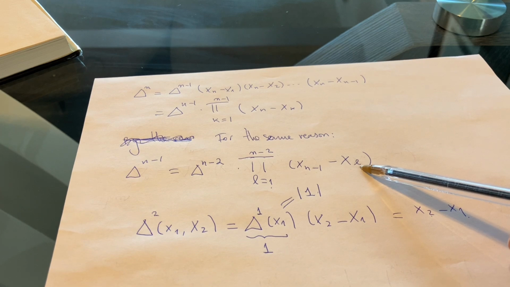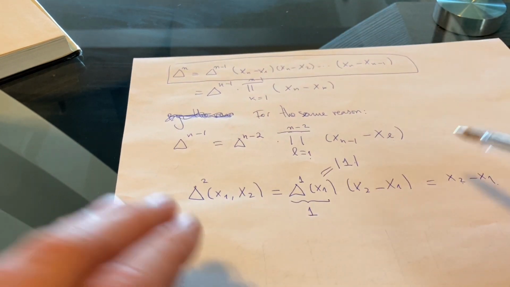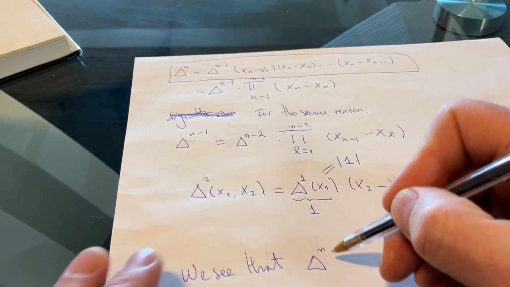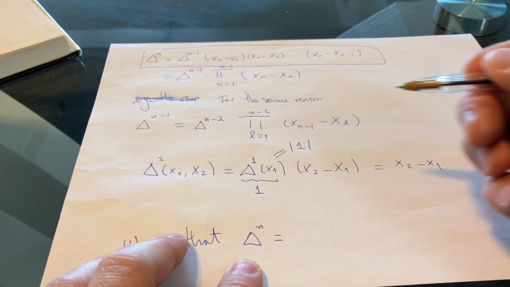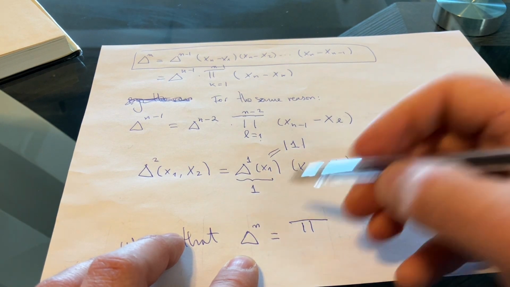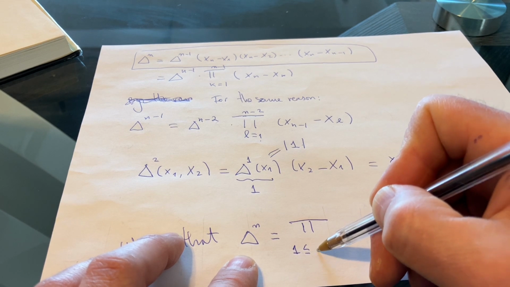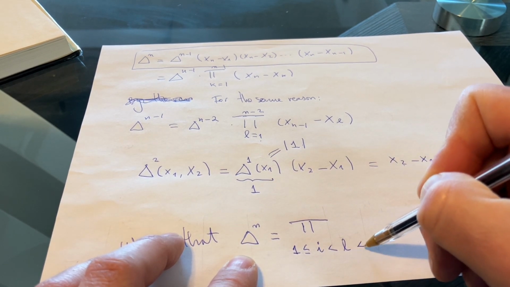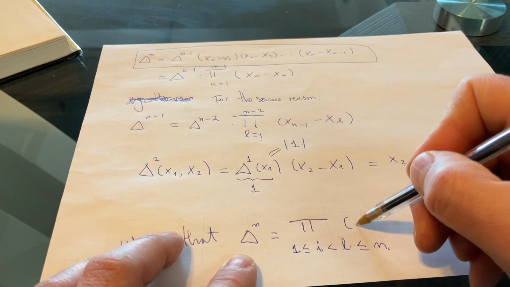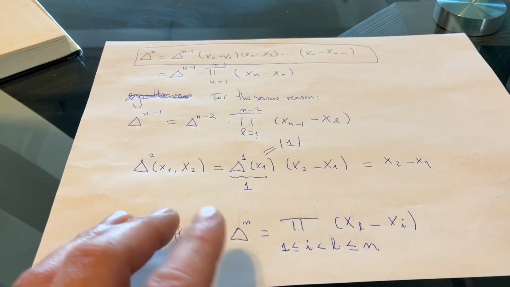So now, coming back to the expansion of our determinant, we see clearly that the Vandermonde determinant in n variables must be equal to the product, since the first coefficient is equal to 1, over all the indices between 1 and n, i less than l, of xl minus xi here.